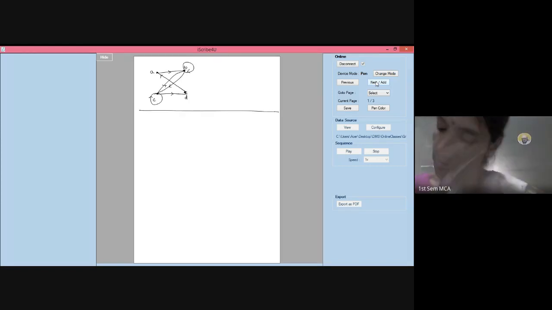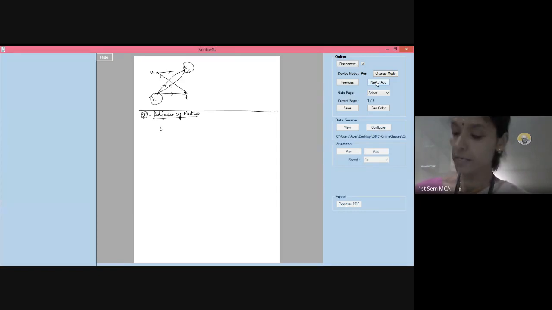Next way of representing: we listed out three ways of representing the graph. One is adjacency list, which we have done. The second way of representing the graph is called adjacency matrix. How are we going to represent it?